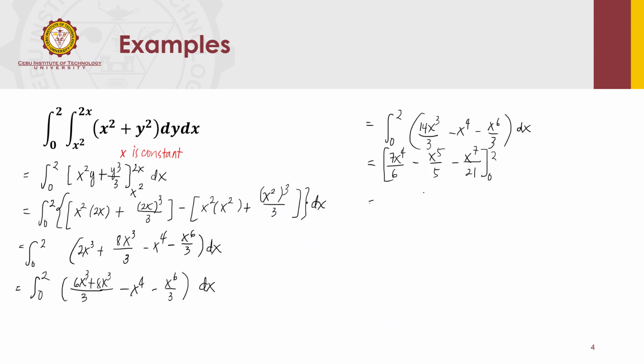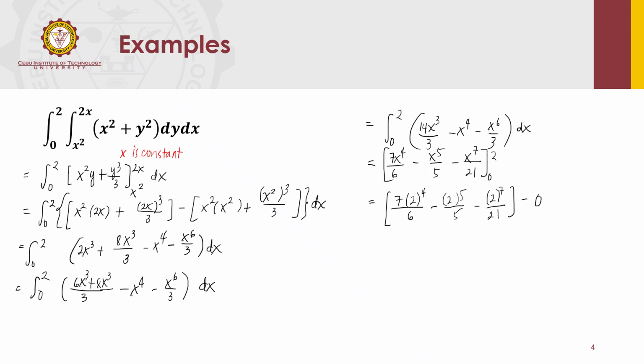So using the upper limit, we have 7 times 2 to the power of 4 over 6, minus 2 to the power of 5 over 5, minus 2 to the power of 7 over 21, and minus 0.